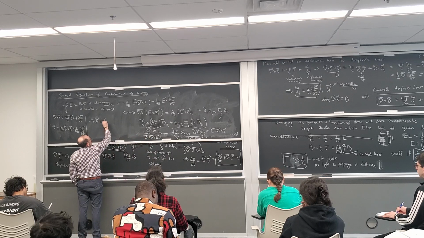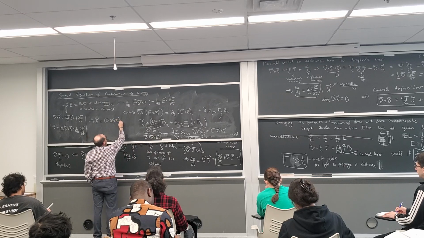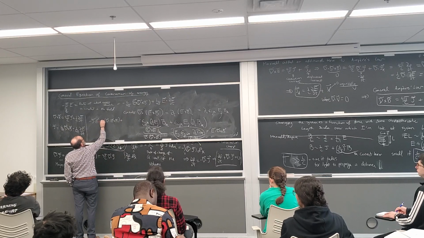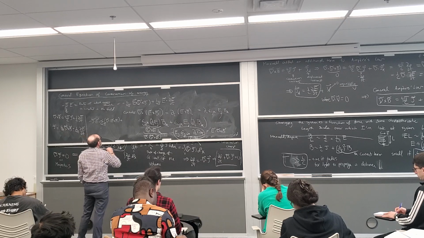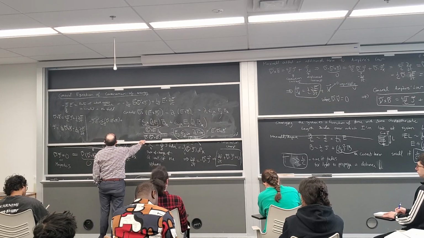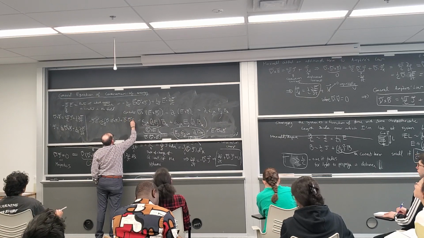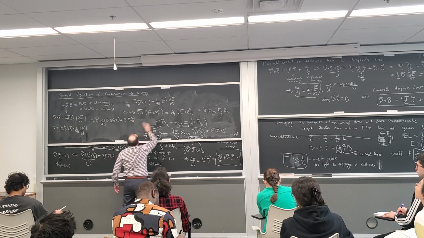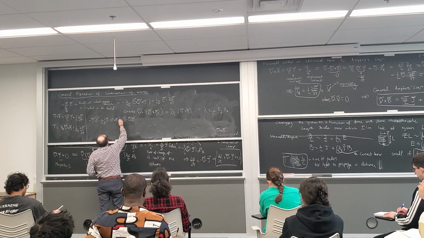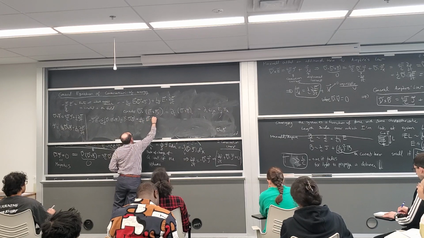So this is equal to the divergence of E cross B, with my c over 4 pi, and then I have B dotted into the curl of E, plus 1 over 4 pi E dotted into dE/dt.